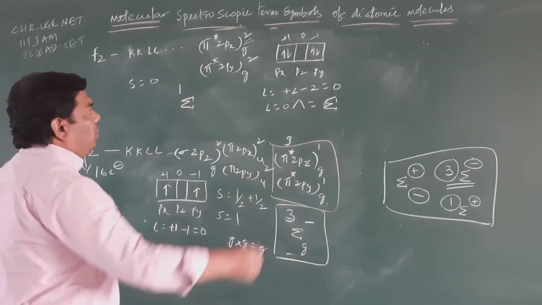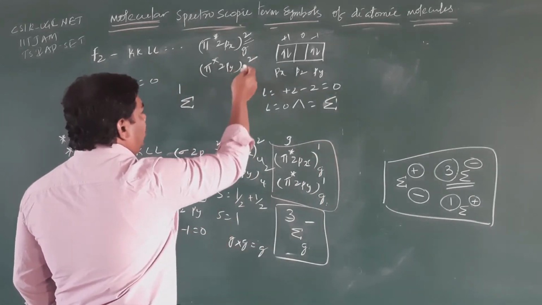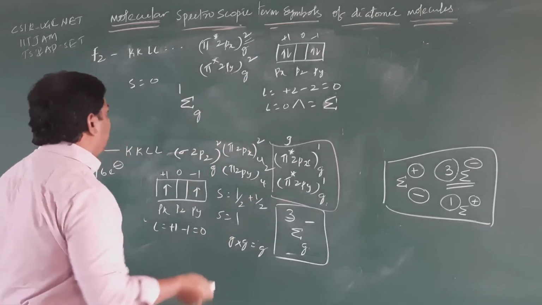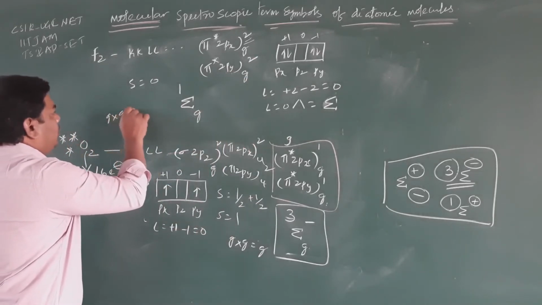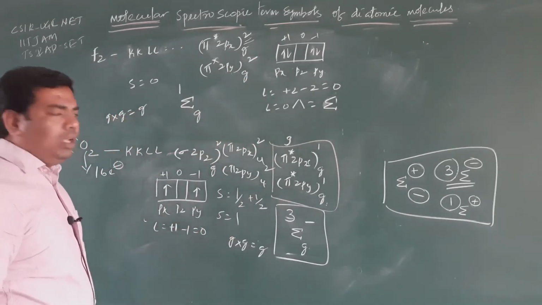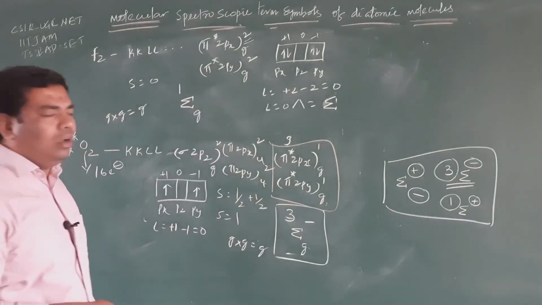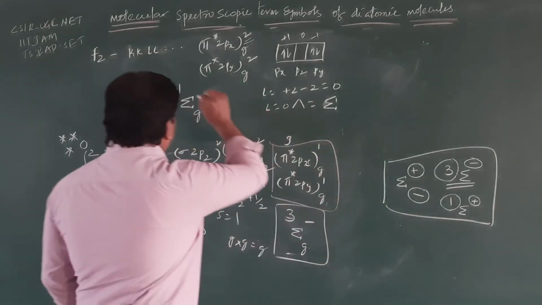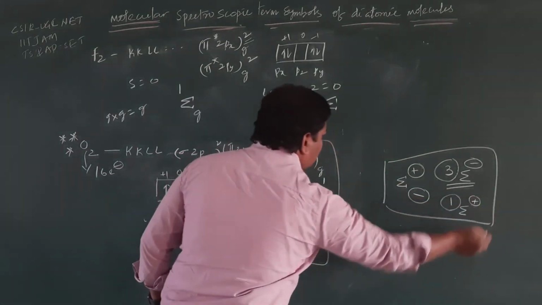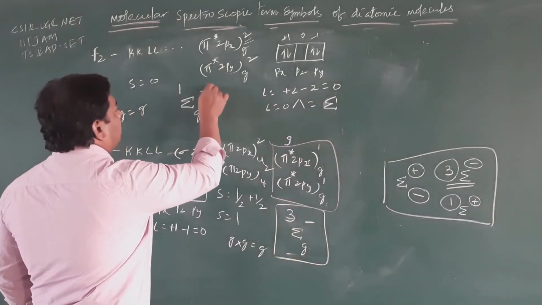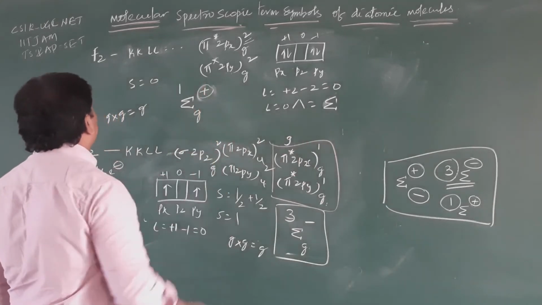What is gerade or ungerade, student? g into g is equal to g only. Already I said if the electrons are present in p orbitals and the spin multiplicity is 1, then you can use the positive superscript.